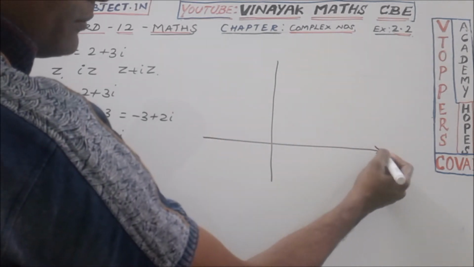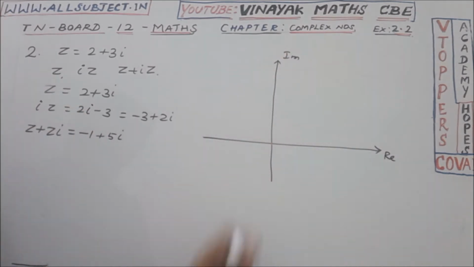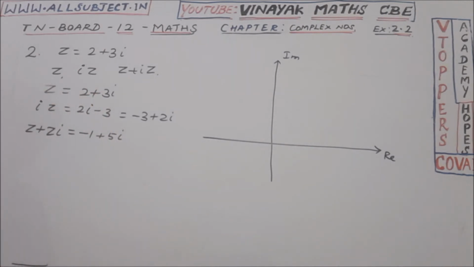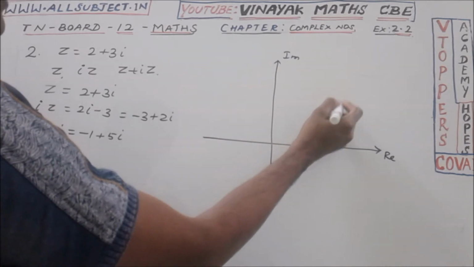The x-axis represents the real axis, and the y-axis represents the imaginary axis. Now substituting these points, z is the point 2, 3. So 2, 3 in the first quadrant, let it be here, that is z.